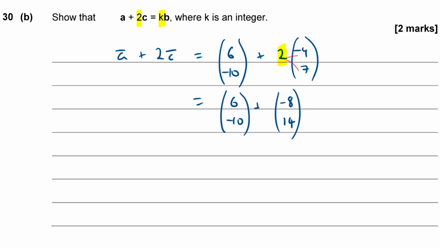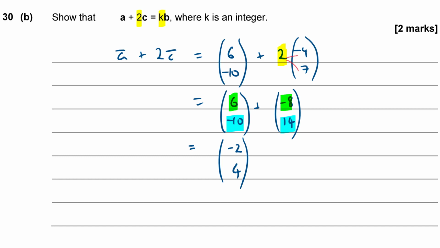Okay, so that becomes 6, minus 10, plus negative 8, 14. So now we can do the vector addition. So this one plus this one, and this one plus this one. That gives me 6 plus negative 8 is negative 2. Negative 10 plus 14 is 4. So that gives me negative 2, 4.